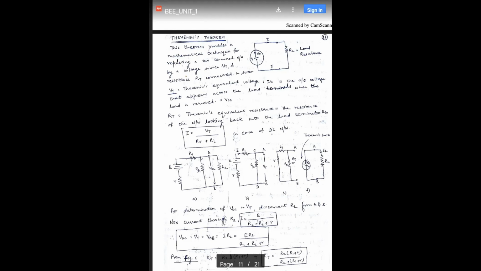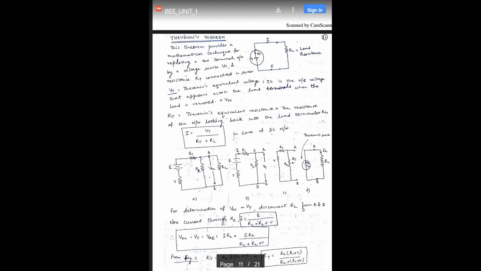A simple circuit is given on your screen. This theorem provides the mathematical technique for replacing a two terminal network by a voltage source Vt, where Vt is the Thevenin voltage, and a resistance Rt, which is the Thevenin resistance, connected in series.